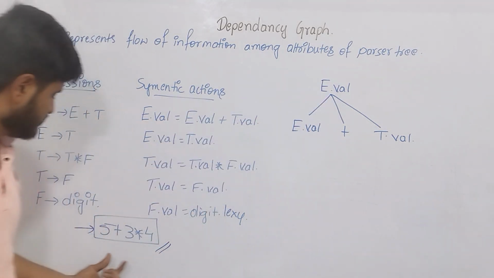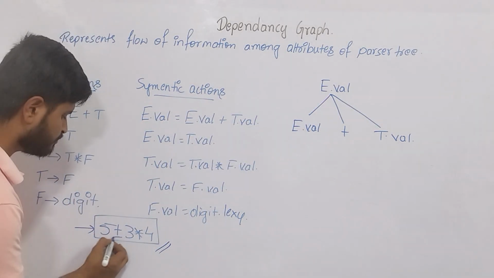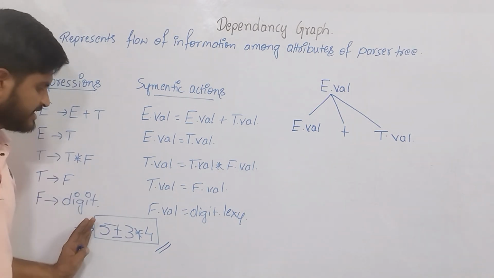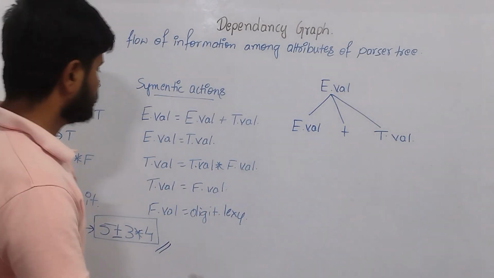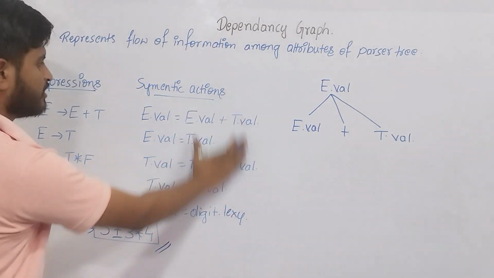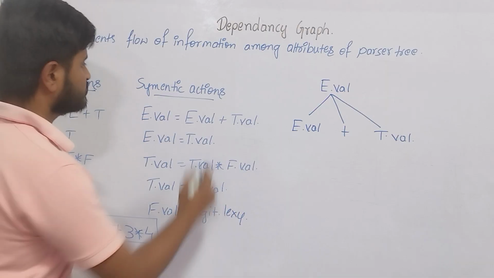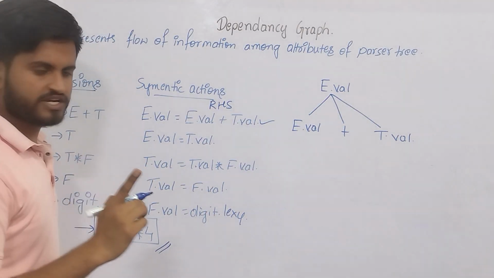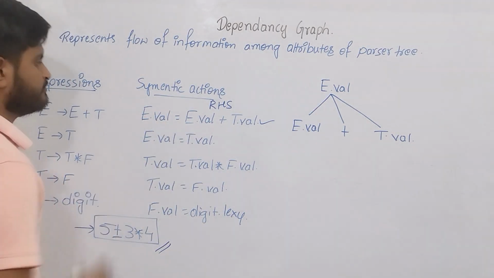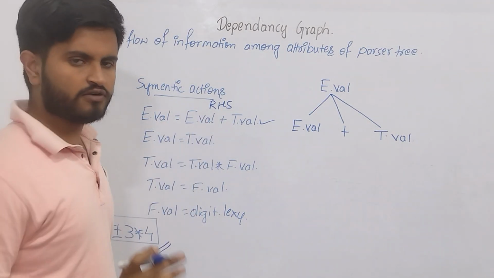Why? If you see here, 5 plus 3. When you are going from the left hand side towards the right hand side, the first operator is plus. If you see the right hand side of all the productions, we have the plus in only one equation, that is E producing E dot value plus T dot value.